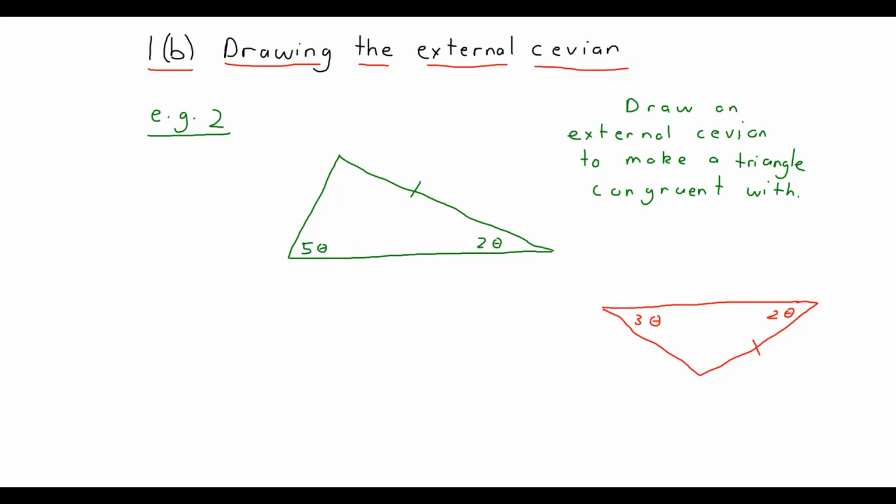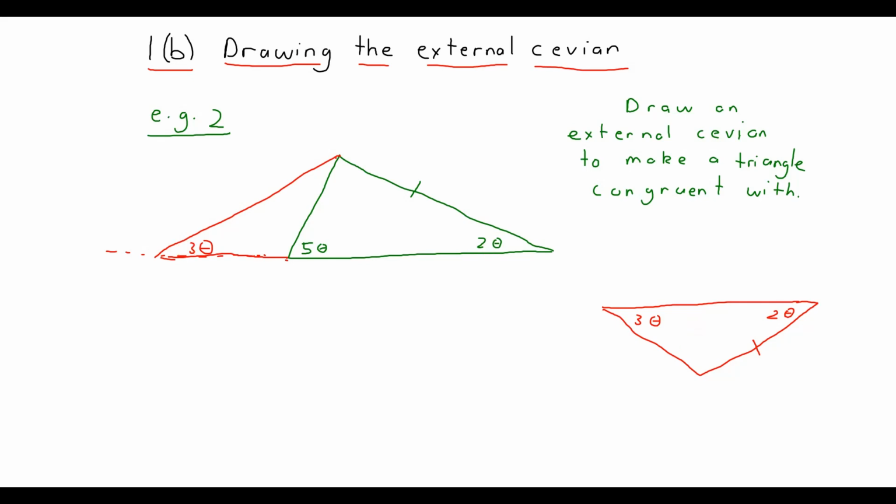So we know it has to be an external Cevian, and we just extend this line out here like so, however long it needs to be extended out, and then I just extend this out like this, such that this is 3 theta, and you can see now I've made an angle here, and I've got a 2 theta and a 3 theta and an equal side.